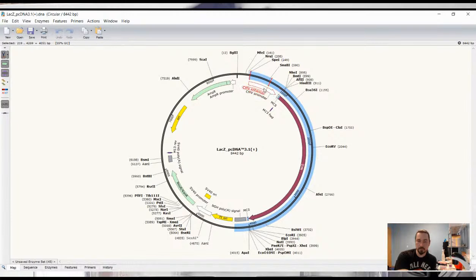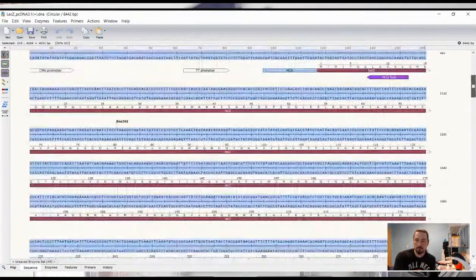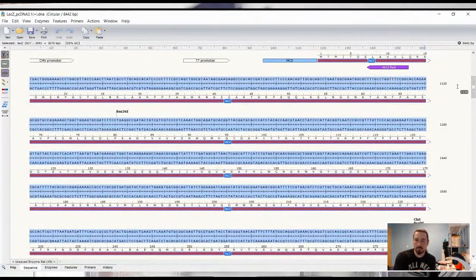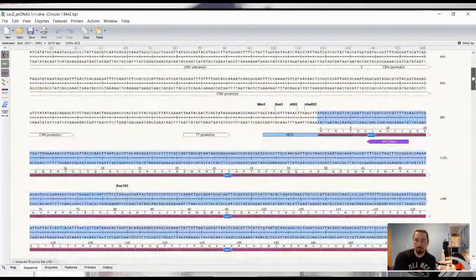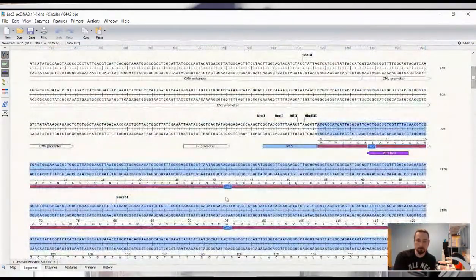Promoter from cytomegalovirus, the gene itself, and then the terminator. So this gene, LAC-Z, right? There's the LAC-Z DNA sequence. Big gene, kind of.